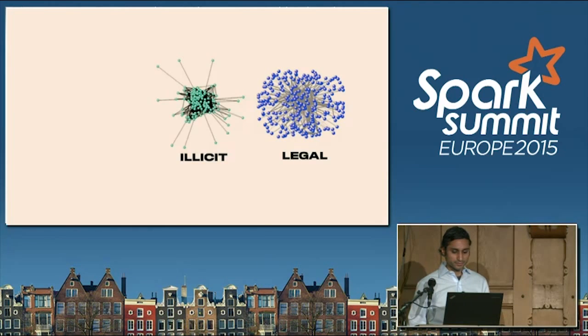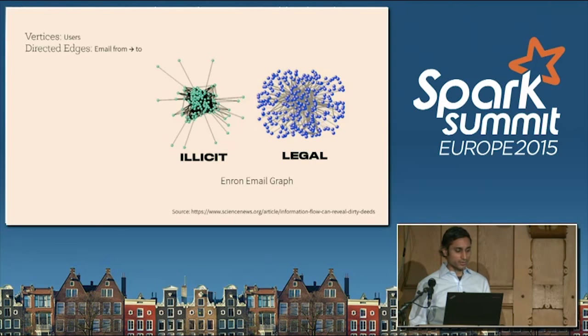Look at this. An illicit, illegal kind of network and a legal network. What is this? This is the Enron email graph, where the vertices are users, employees at Enron, and the directed edges here are emails to and from. Notice that there was a cluster of people at Enron that worked very tightly together, perhaps.